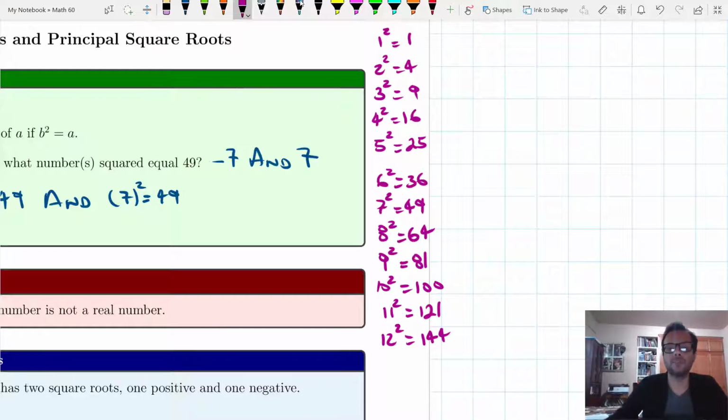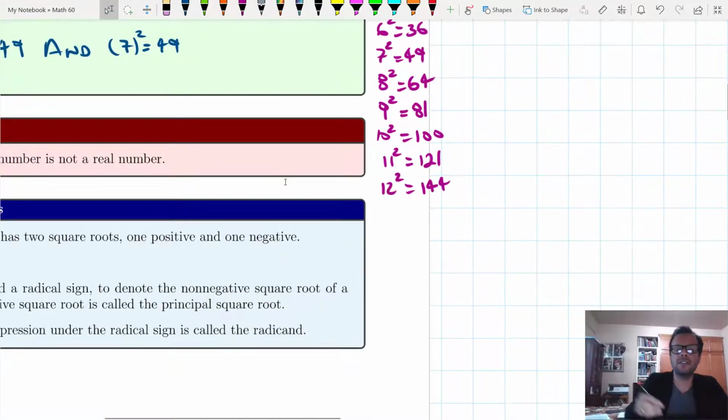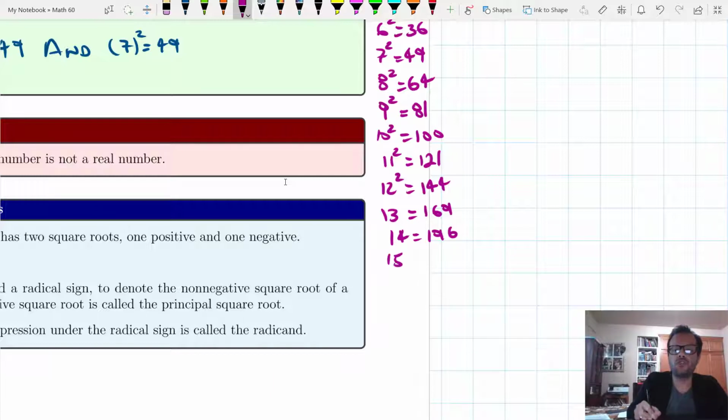Let's keep listing a few more. 13 squared equals 169. 14 squared, I believe, is 196. And then 15 squared equals 225. I think that's enough.